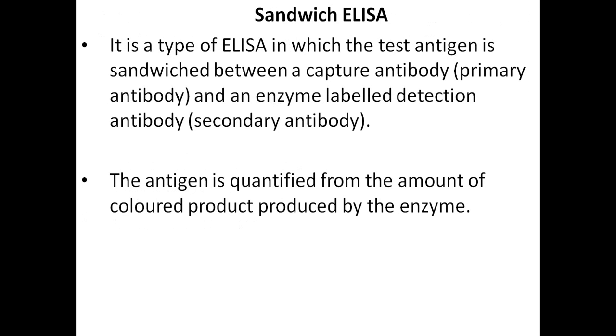Sandwich ELISA is a type of ELISA in which the test antigen is sandwiched between a capture antibody and an enzyme labeled detection antibody, that is, primary antibody and secondary antibody.